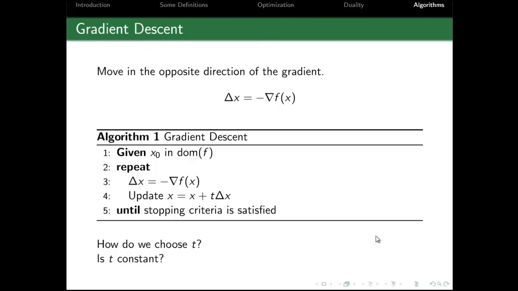Methods which choose t according to this criterion are out of the scope of this tutorial. But we'll just answer this question: is a constant t enough for us? In most conditions, if you take a small enough step size, it is fine and you will hit the minima very reasonably, very close to the minima. So in practice a constant t works.